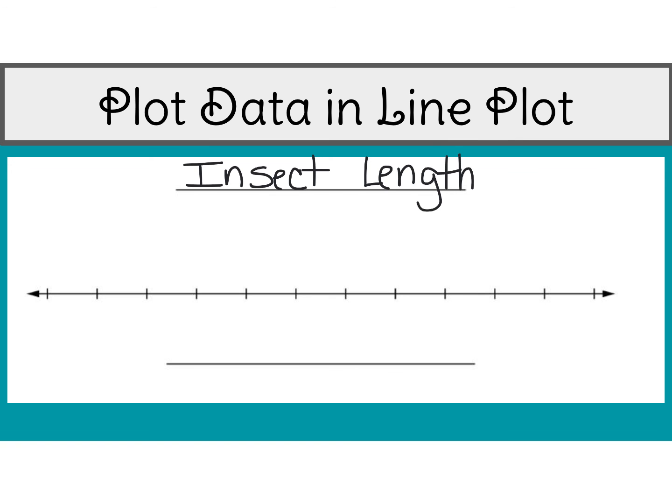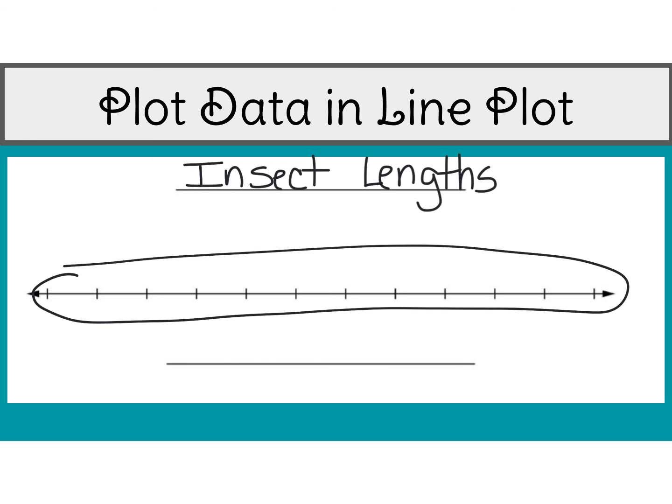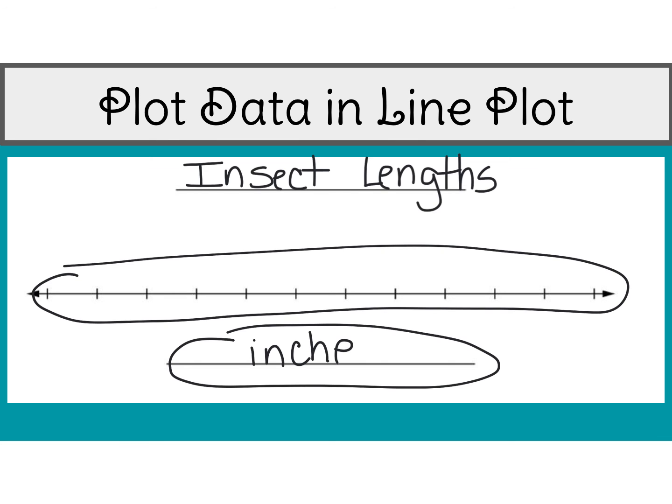And then you're going to look at your measurements that you've gotten for all of your insects, and you're going to decide how you're going to place them on your number line here, whether they're going to go in 1/8 increments or a half or whatever it is. And then down here, we're going to need to make sure that we have a title. So this is probably going to be inches, because that's what those numbers are going to represent.